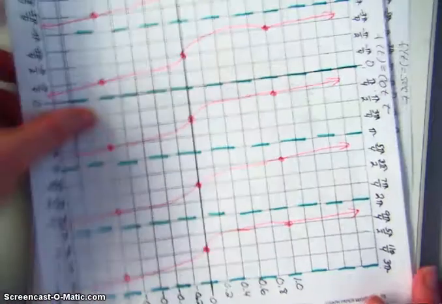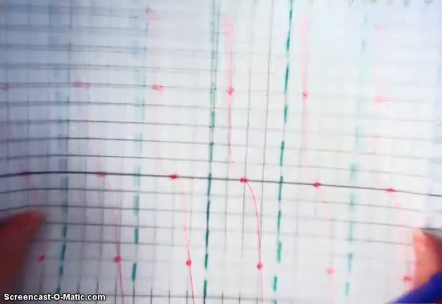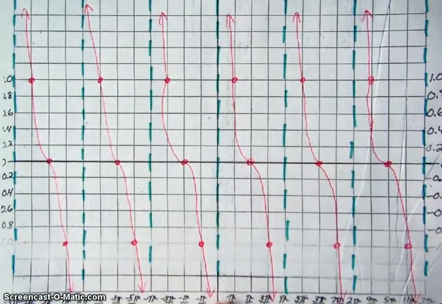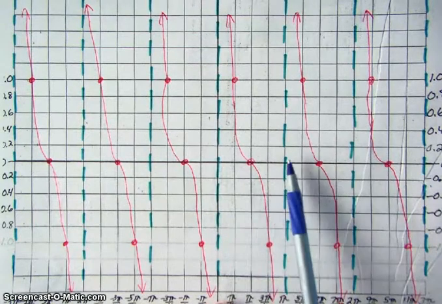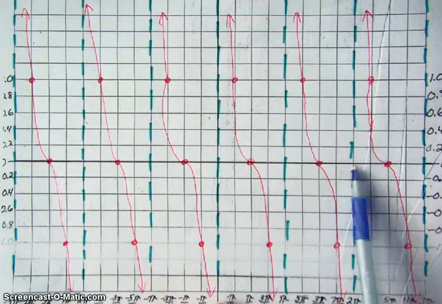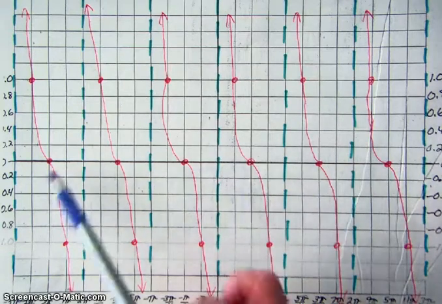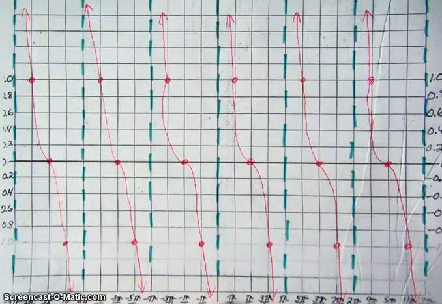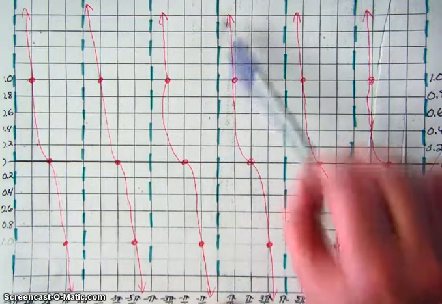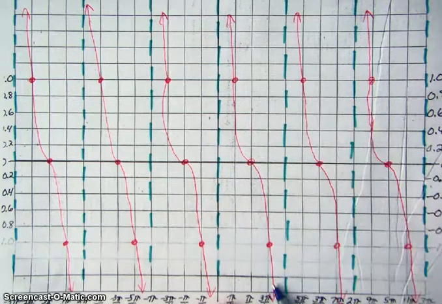All right, I'm going to very briefly let you take a look at this graph. This is cotangent, and all of the multiples of pi are where the vertical asymptotes lie. All of the zeros are at odd multiples of pi over 2. Here I've got those ones and the negative ones. And here we've got a curve that is decreasing, and it looks a lot like tangent, but tangent is increasing.